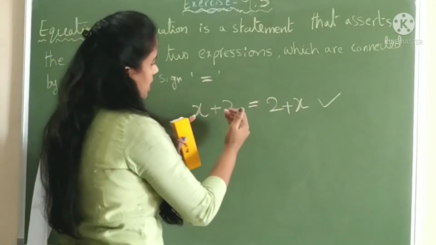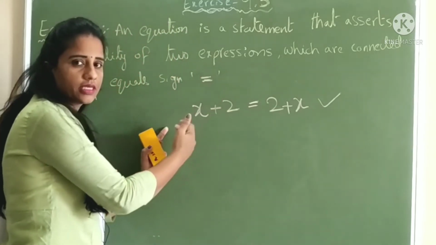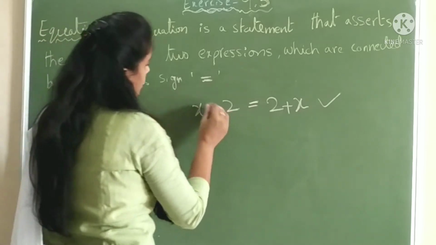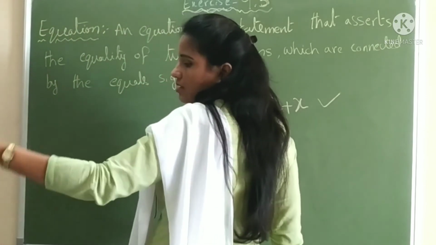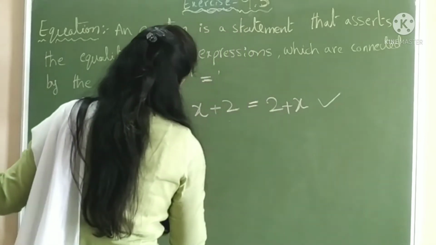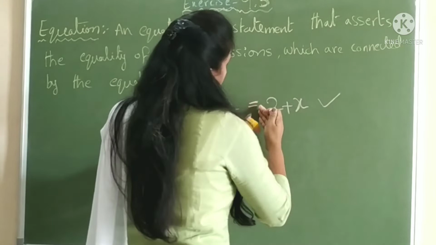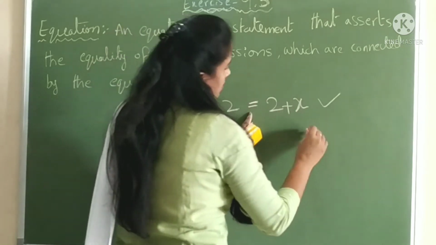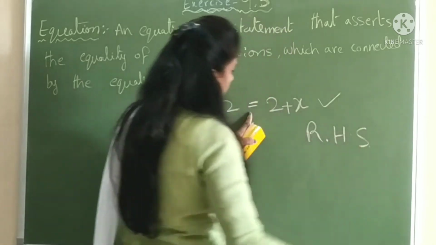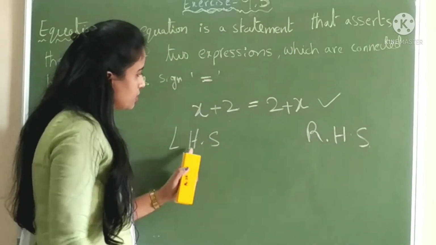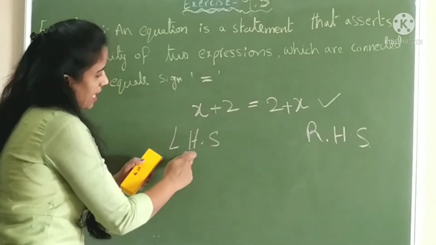The expression on the right hand side is equal to the expression on the left hand side. See, this is the left hand side, LHS. The expression after the equal sign is RHS, right hand side. The part before the equal sign is LHS.